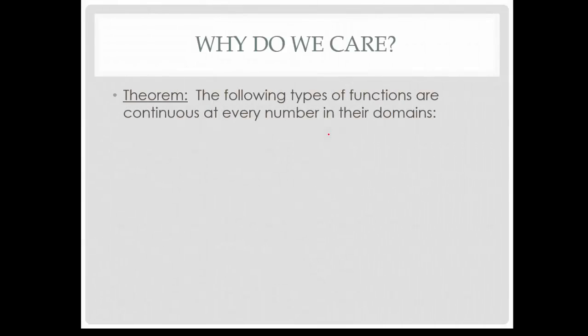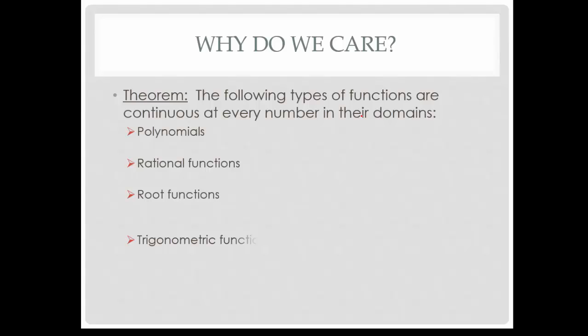The other theorem we're going to combine this with is that the following types of functions are continuous at every number in their domain. There's that continuity and domain link again. Polynomials, rational functions, root functions, and trigonometric functions. Okay.